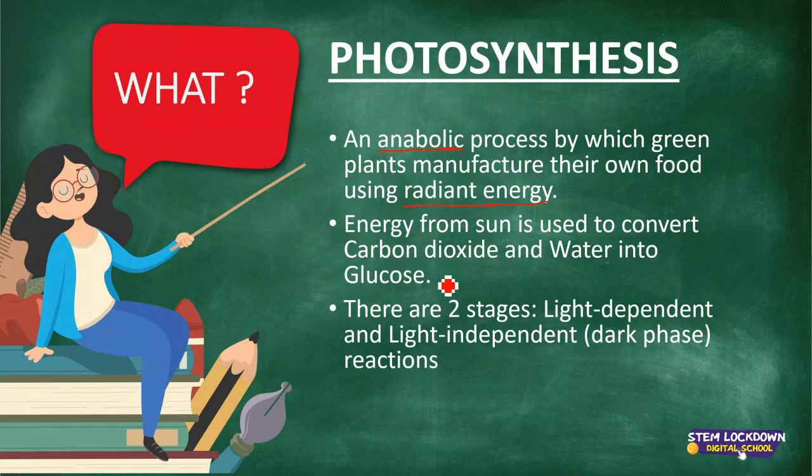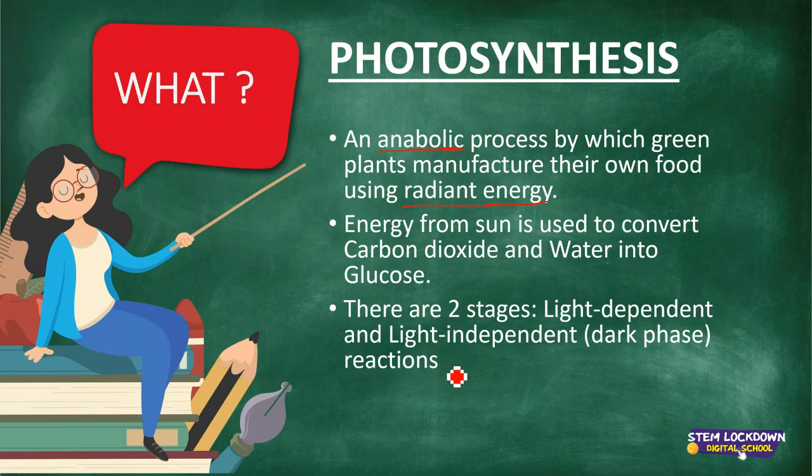Okay, the other point says there are two stages of photosynthesis, which is your light dependent and your light independent reactions that take place during photosynthesis. We will deal with these later on during the lesson so that you guys might have a greater understanding.